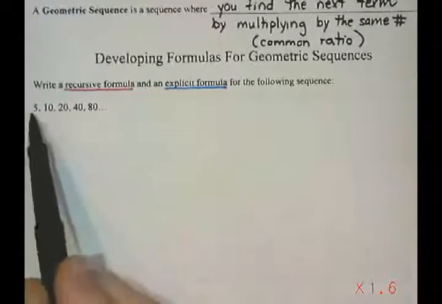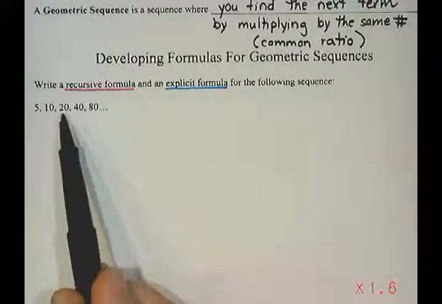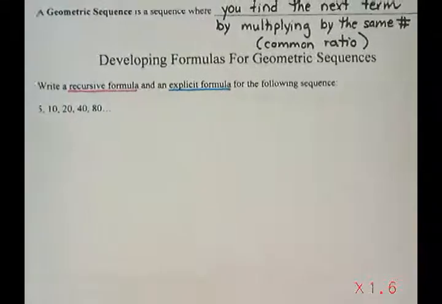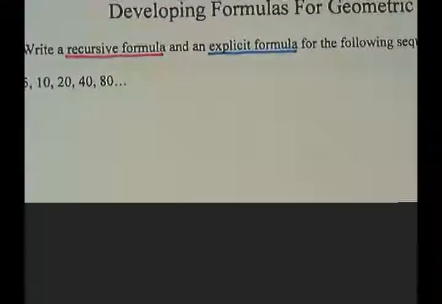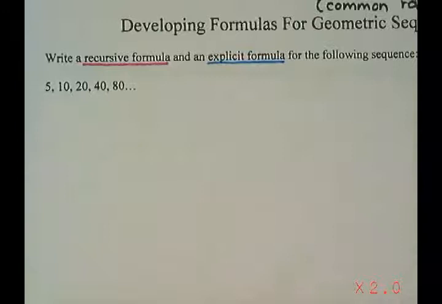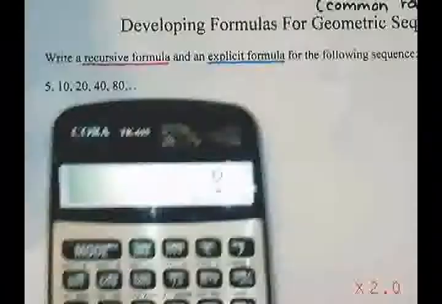So I have the sequence 5, 10, 20, 40, and 80, and I am just going to zoom in again. The first thing you should always do is see if you can figure out the pattern. So am I adding, subtracting, multiplying, dividing, what's going on between these terms here?